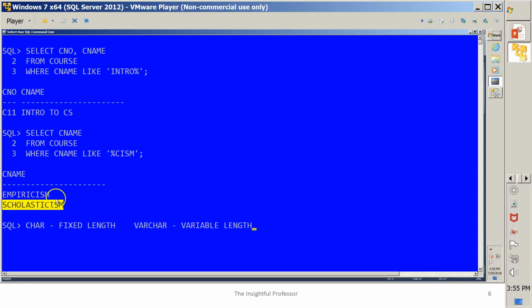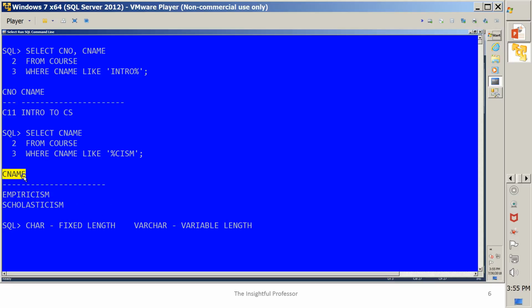But clearly, these two names are not of the same length. So if the CNAME values were stored in varchar, then the last 4 characters for empiricism would be precisely CISM, as would the last 4 characters for scholasticism.